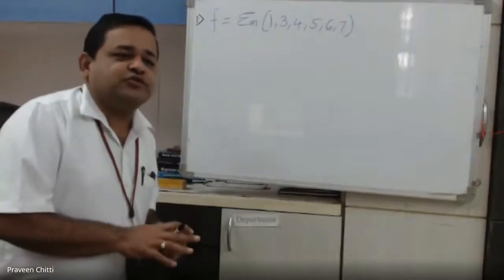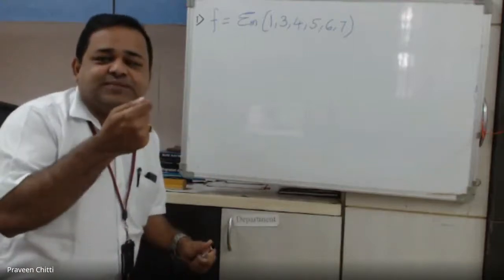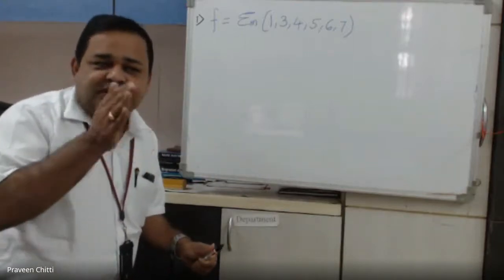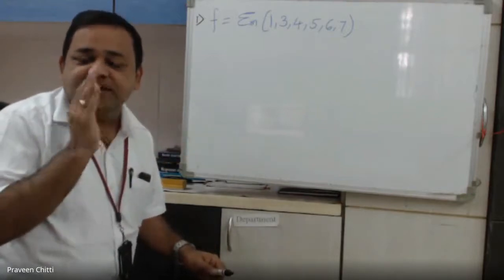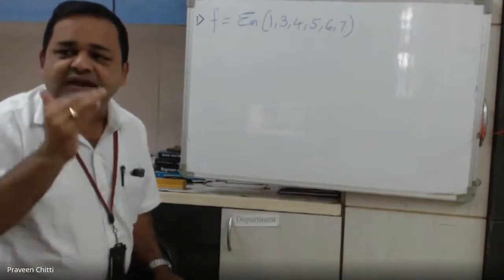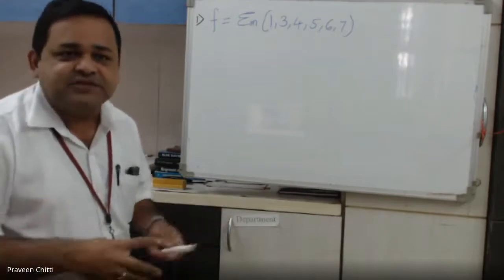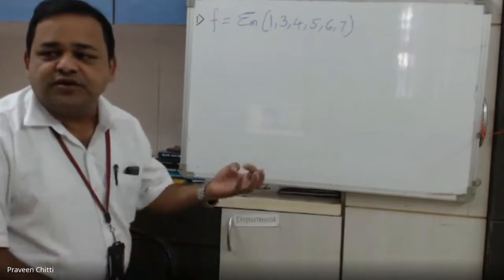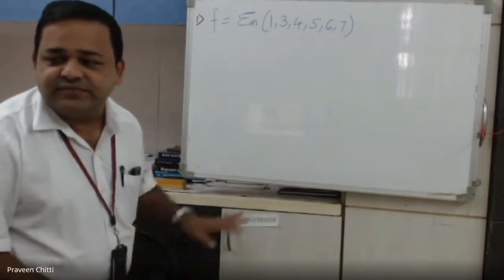So whenever any expression is given, you should check the maximum minterm. If it is less than or equal to 7, it is of 3 variables. If it is less than or equal to 3, it is of 2 variables. And if it is less than or equal to 15, it is of 4 variables. I hope it is clear.